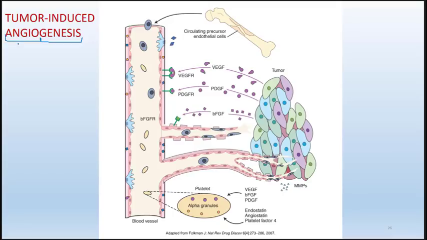Now, if cancers are to grow larger than about 1 millimeter in diameter, they can no longer remain in their hypoxic state, and they need their own blood supply. They need more oxygen, they need nutrients for survival. However, in adults, new blood vessel growth is normally limited to areas of, let's say, wound healing. Another example would be at certain stages of the female's menstrual cycle.